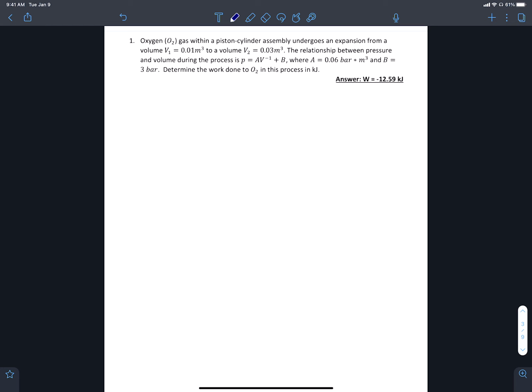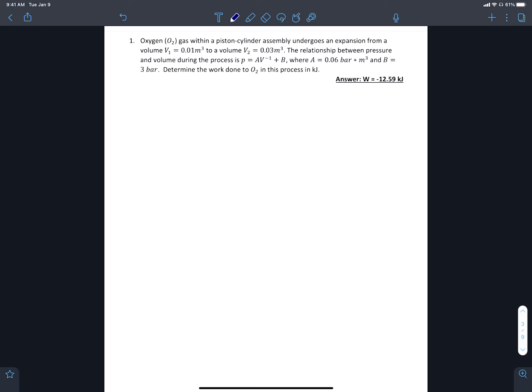Okay, so problem 1: oxygen, O2 gas within a piston cylinder assembly undergoes an expansion from a volume V1 equals 0.01 meters cubed to a volume V2 equals 0.03 meters cubed.